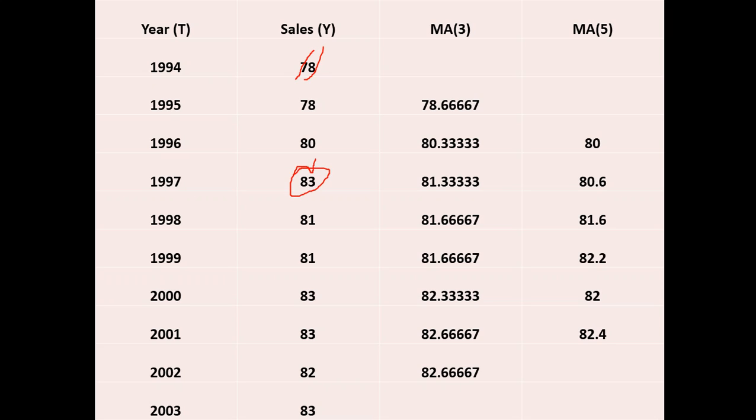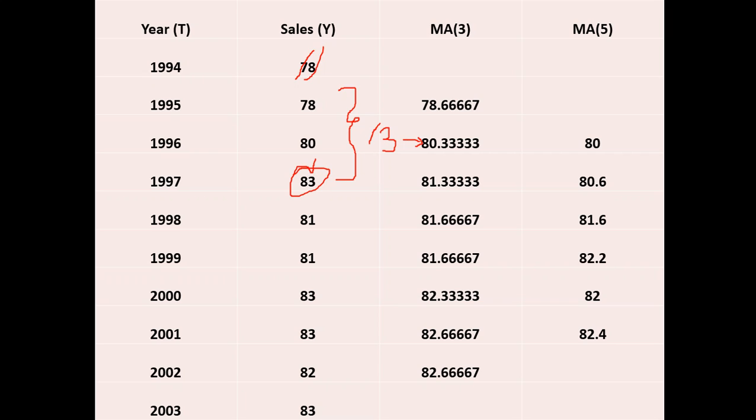So I'll add 78 plus 80 plus 83 and I'll divide them over 3, and I'll put it in front of the year 1996.